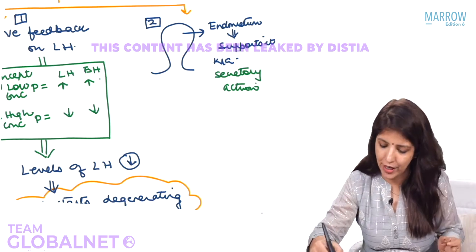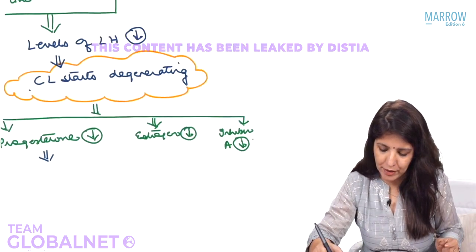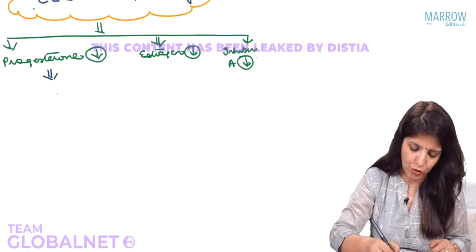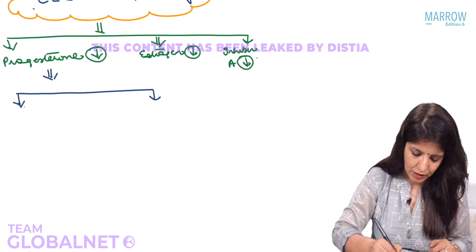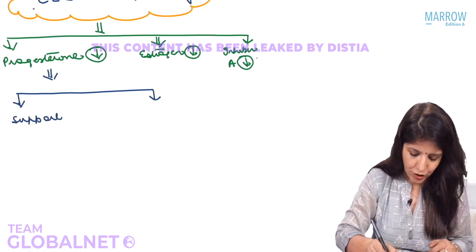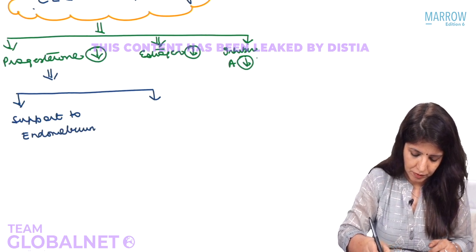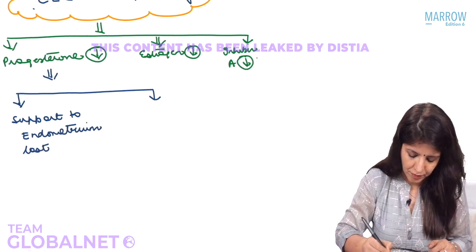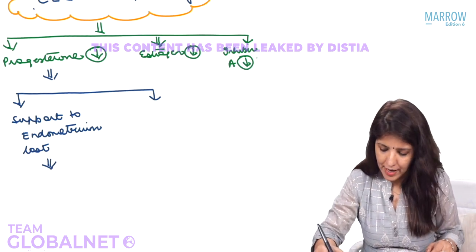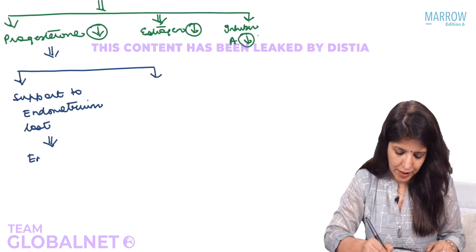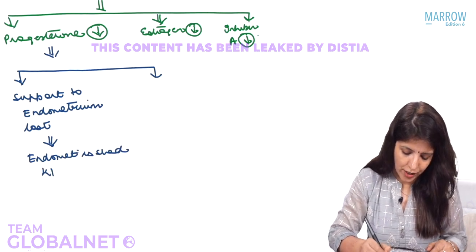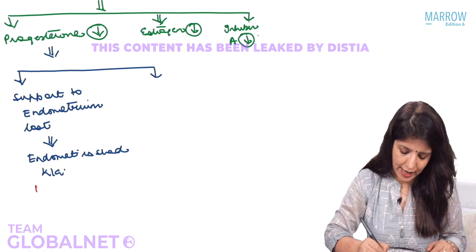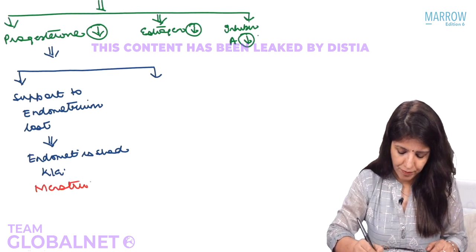So, when progesterone decreases, two things happen. The support to the endometrium is lost, right? And the endometrium is shed. And this shedding of endometrium is called menstruation.